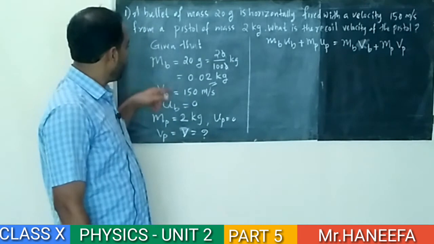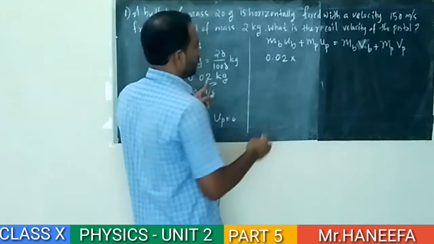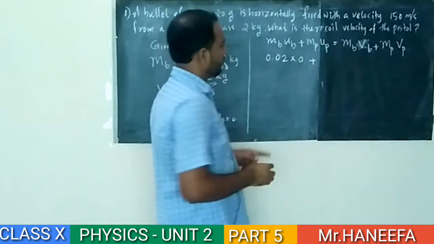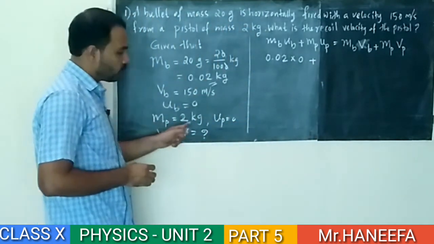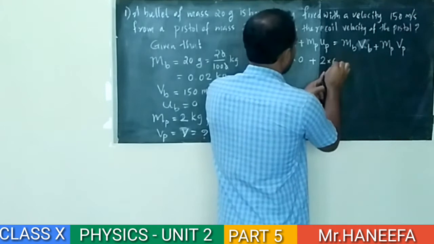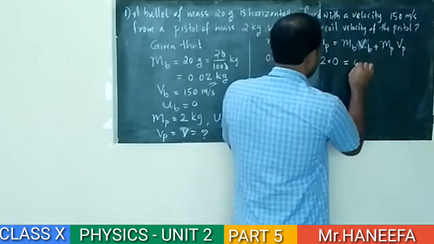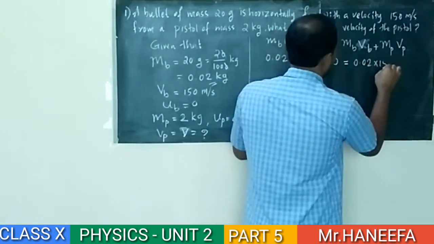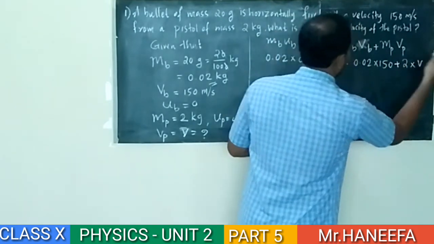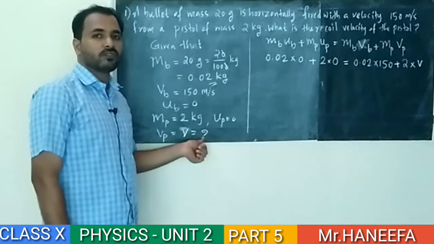What is mb? mb means 0.02, into ub equal to 0, plus, what is mp? mp is 2 kg, into up equal to 0, equal to, what is mb? 0.02 into 150 plus 2 into V. V means vp, that is the recoil velocity of the pistol.